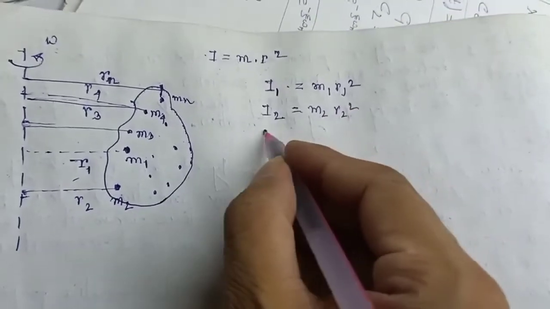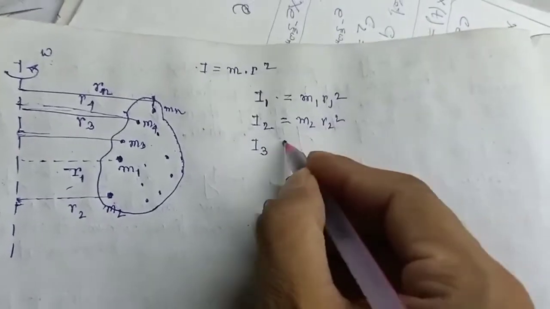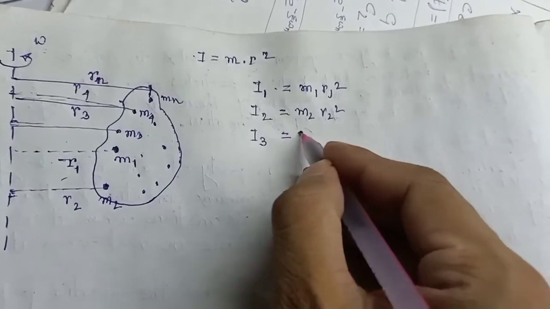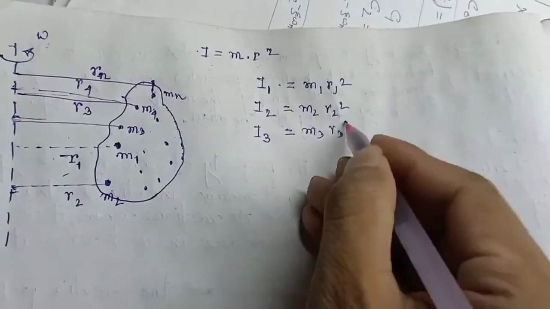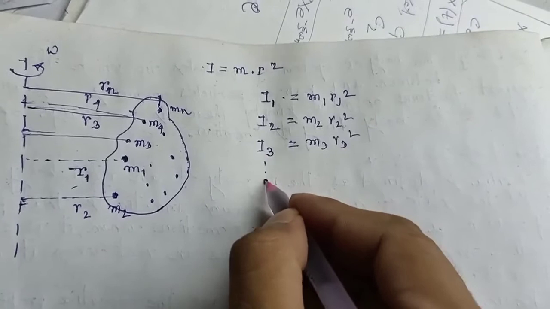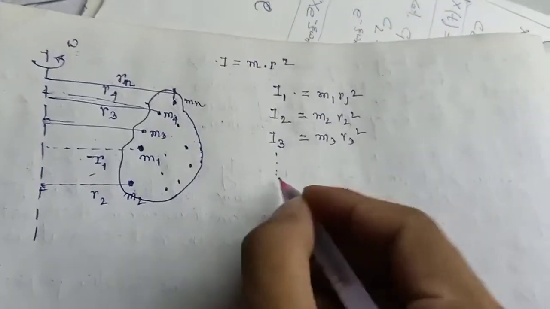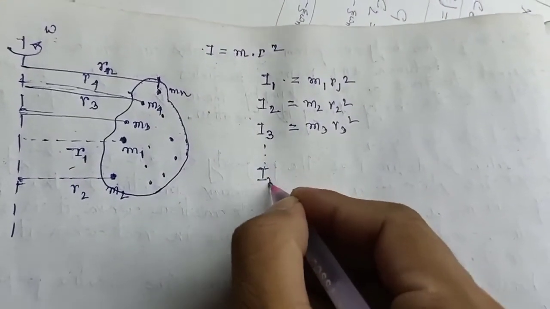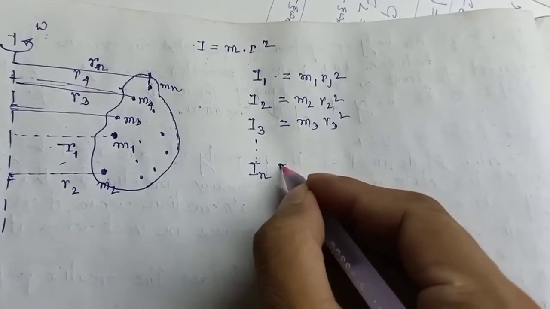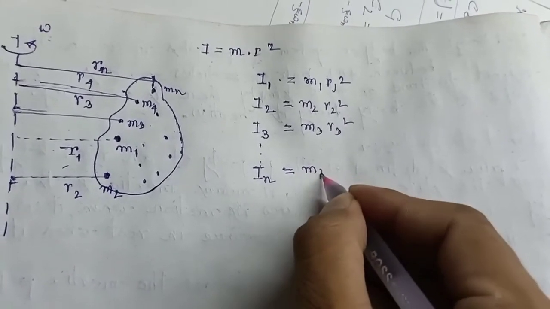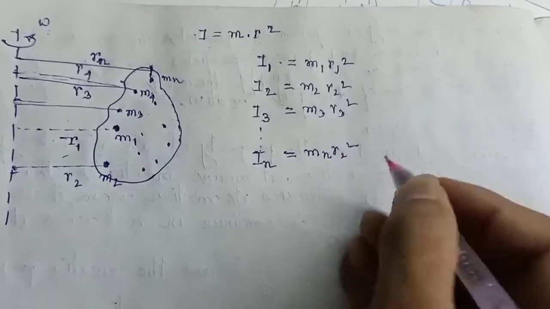The moment of inertia of the third point mass will be m3 r3 square, and if we proceed in a similar way, the moment of inertia of the nth particle will be equal to mn rn square.